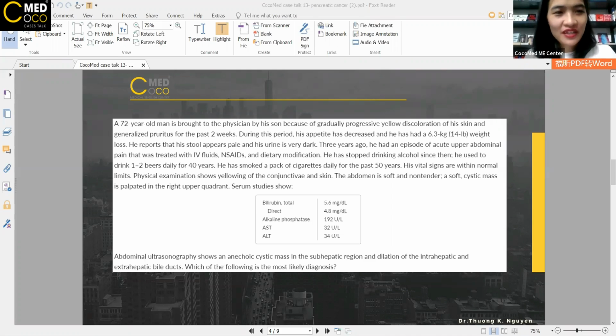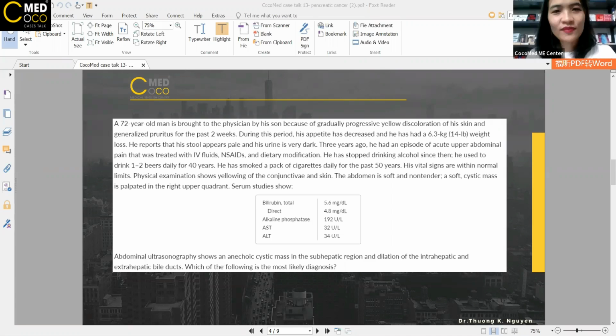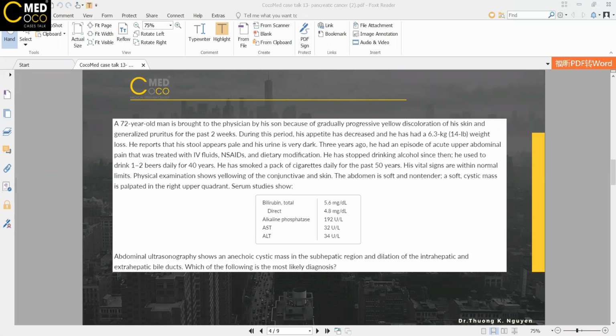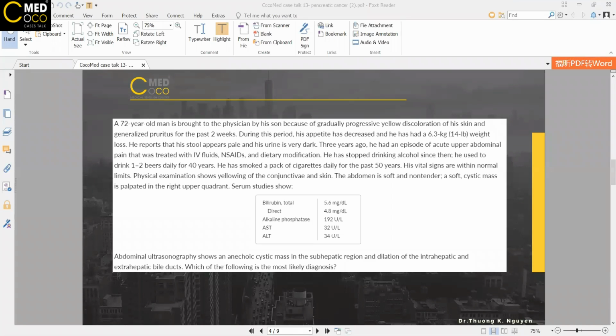He has stopped drinking alcohol since then. He used to drink 1 to 2 a day for 40 years. He has smoked a cigarette daily for the past 50 years.